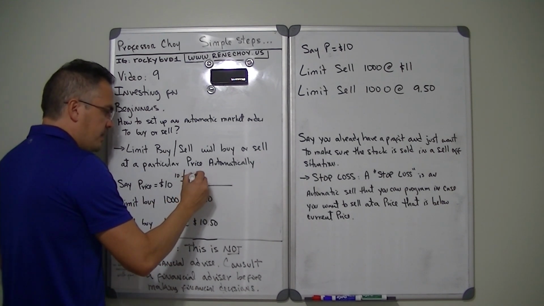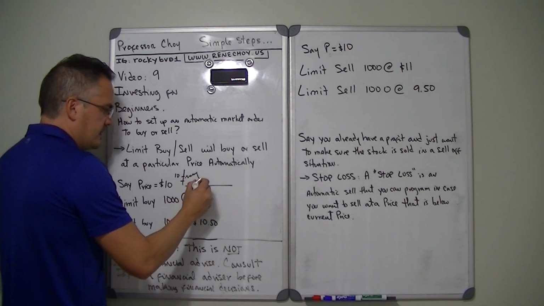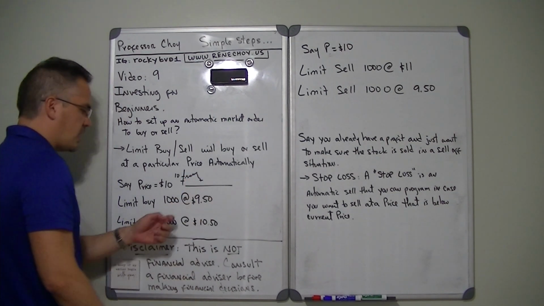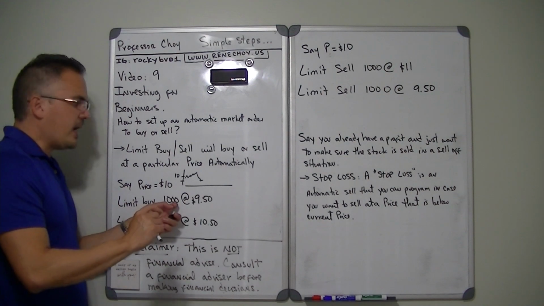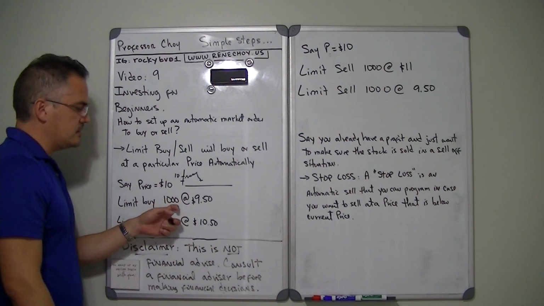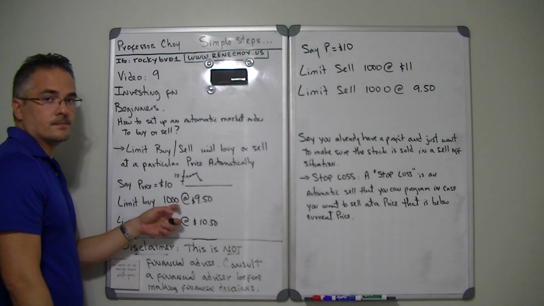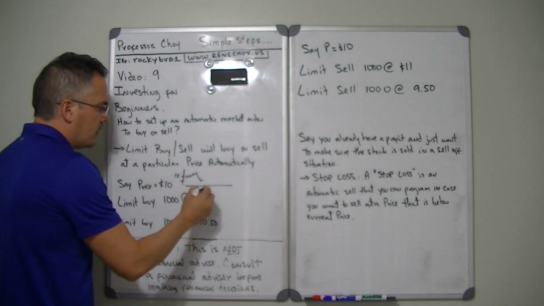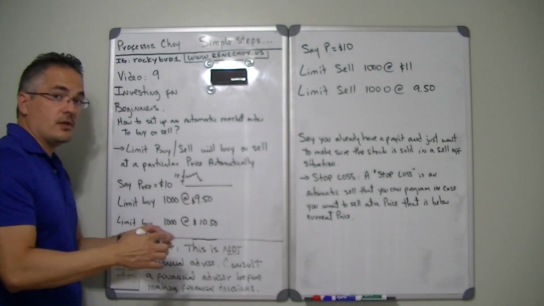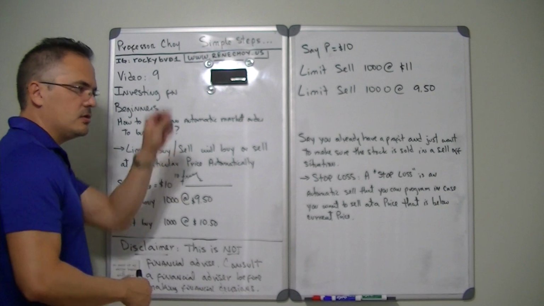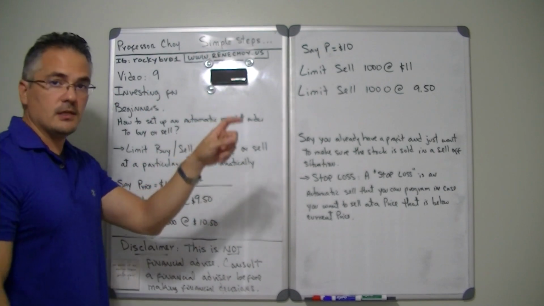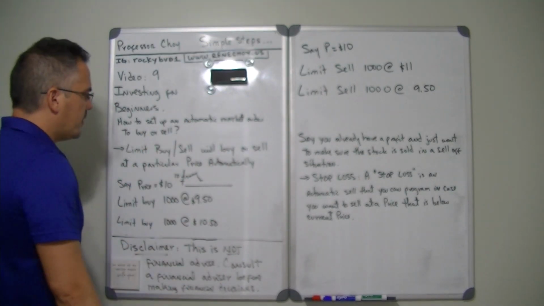Now, if for whatever reason the price drops to 9.50, then boom, the order will start executing, and it will buy you 1,000 shares at 9.50, or up to whatever it could grab at 9.50. Maybe it only drops to 9.50 and then immediately goes up, then you grab whatever is possible at 9.50.